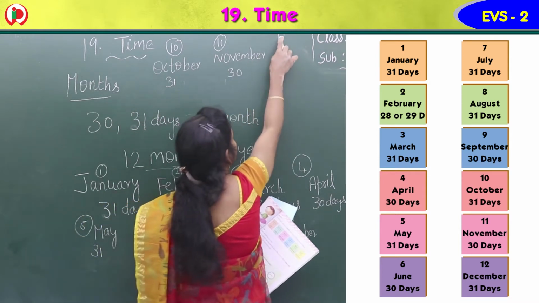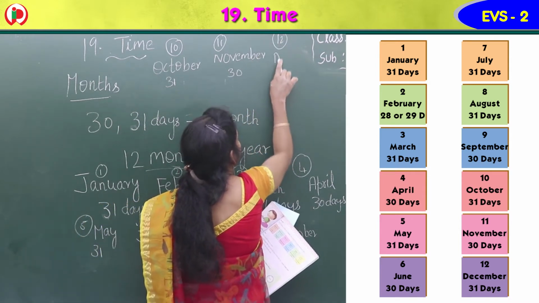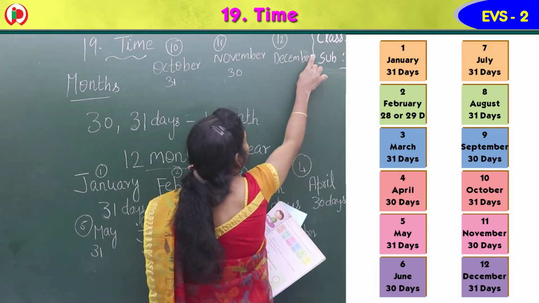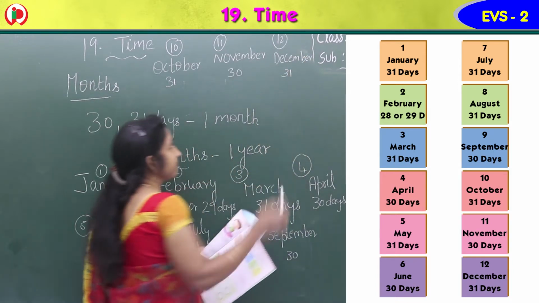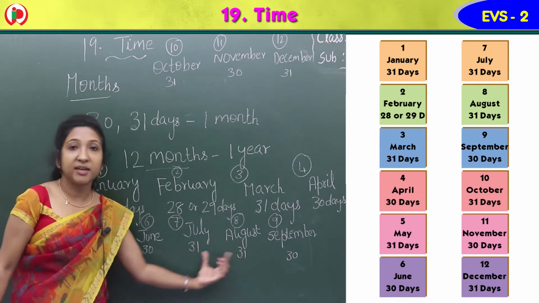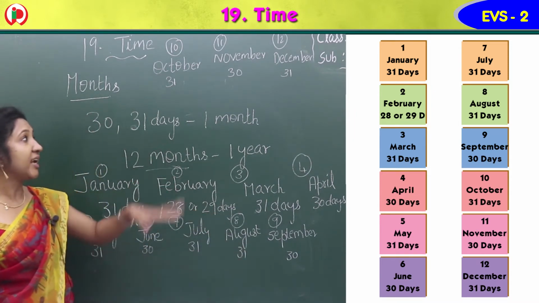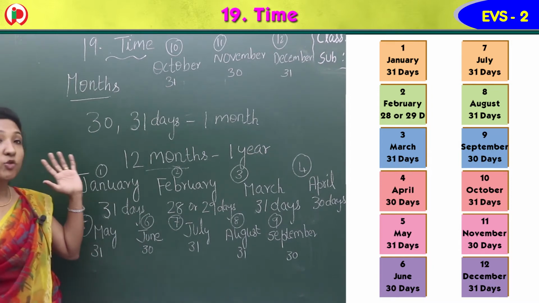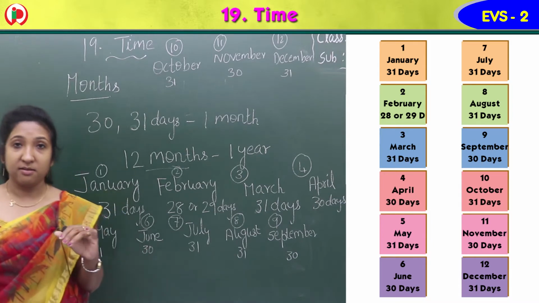Then last is December. The 12th month is December. December again 31. Only July and August we have 31 together. Then again alternate it is coming. 30, 31, 30, 31. So we have 12 months in a year.